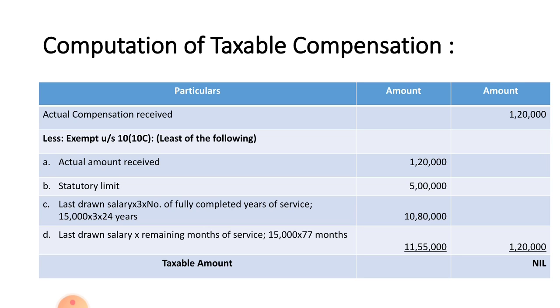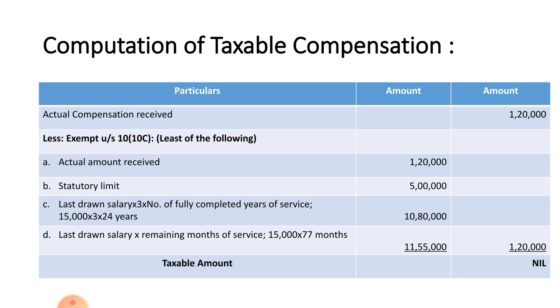Let us solve this problem. Computation of compensation, 3 columns you have to draw. First you have to write actual compensation received, that is 1,20,000. From that you have to deduct exempt under section 10 subsection 10C, the least of the following items.